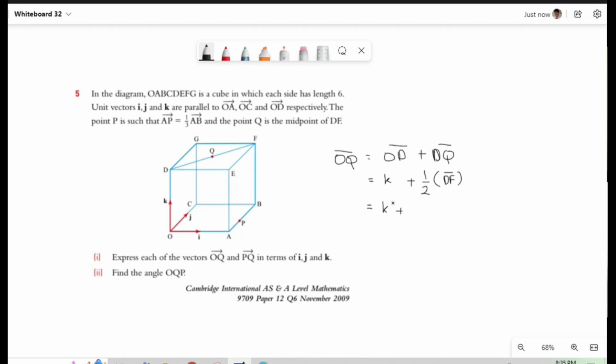And we know that DF would be j plus i, or i plus j. So k plus half times j plus i becomes k plus half j plus half i. We can also rearrange it alphabetically. It becomes half i plus half j plus k.